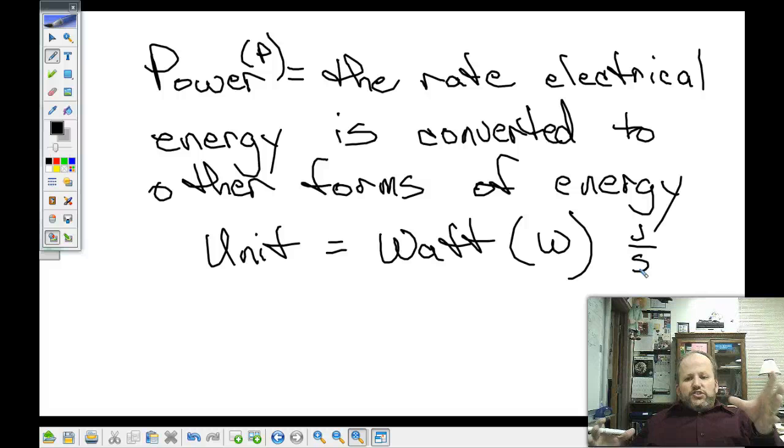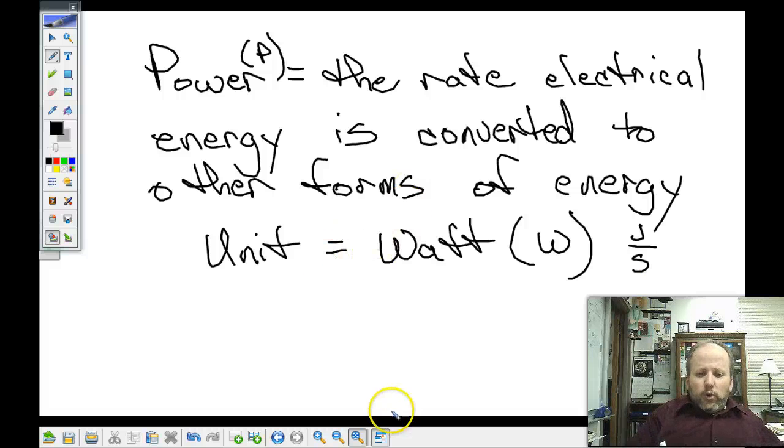If so many joules of electricity are being converted per second into light, that's why we have a 100-watt light bulb. A 100-watt light bulb is brighter than a 60-watt light bulb. A 20-watt speaker is louder than a 10-watt speaker. That's what watts mean. It's how much electricity is being converted into other forms of energy.